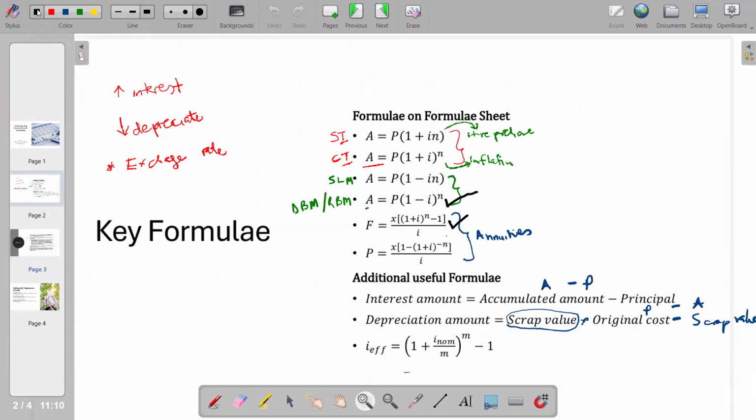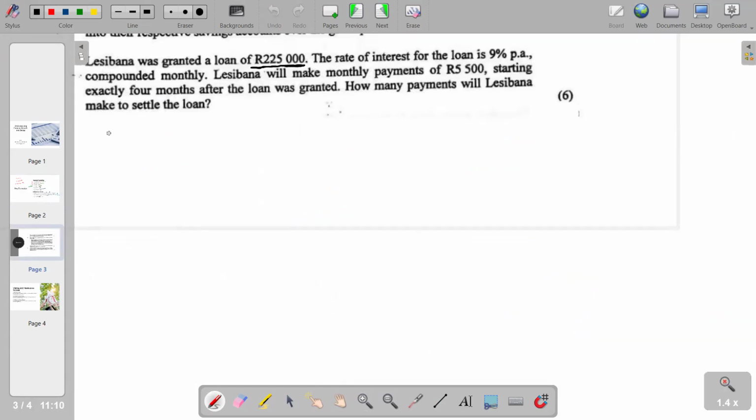Here is the formula that we are going to be using. Present value of an annuity. It's saying P is equal to X, then we put a big bracket.